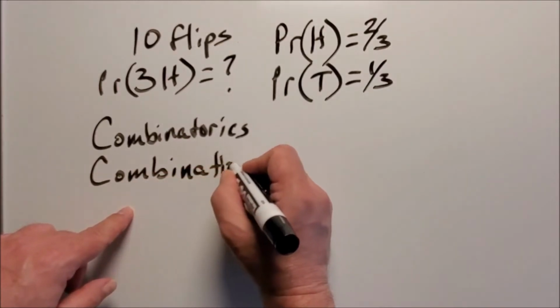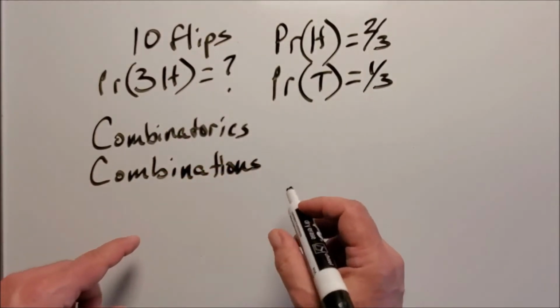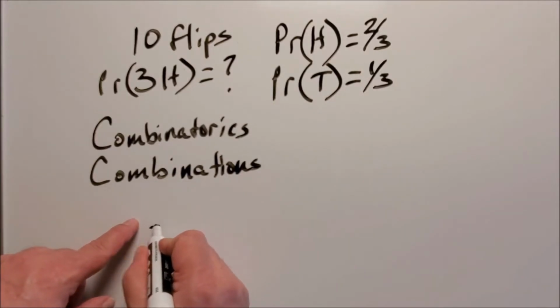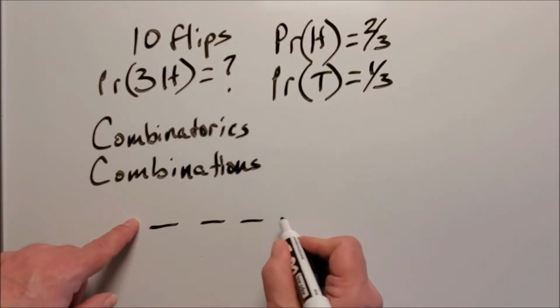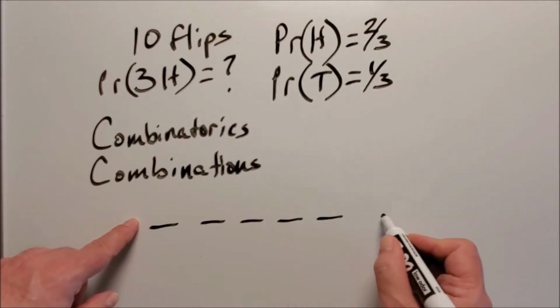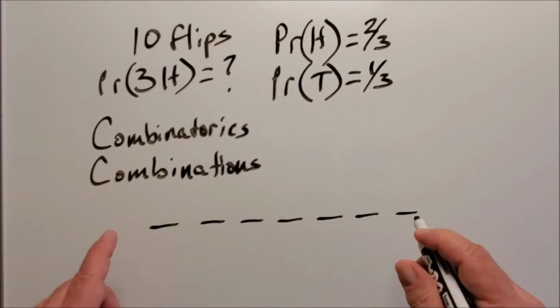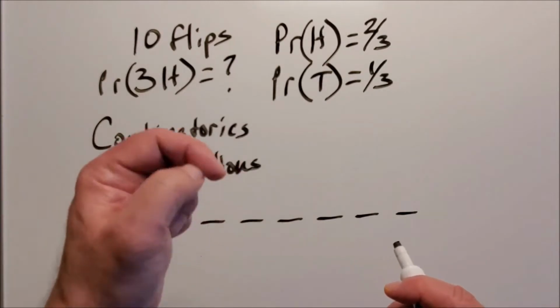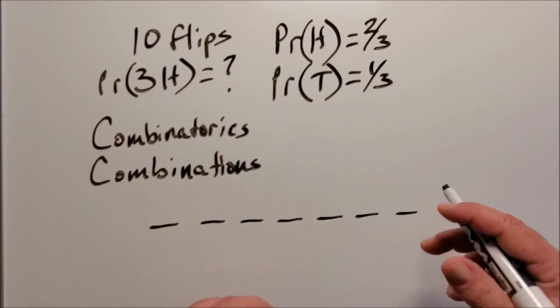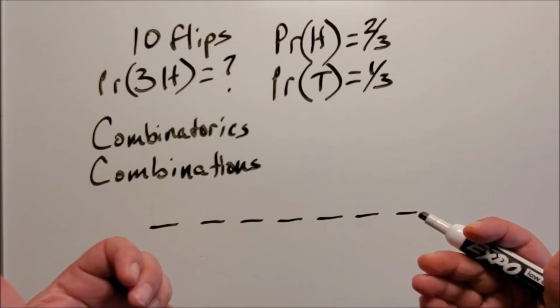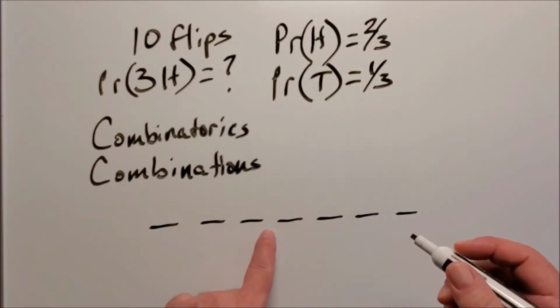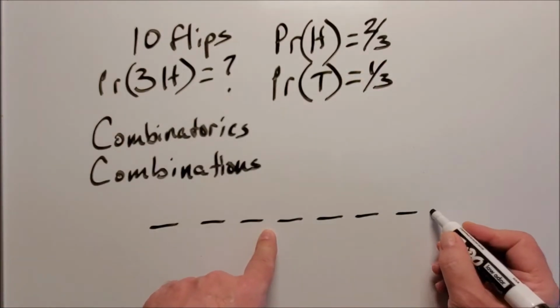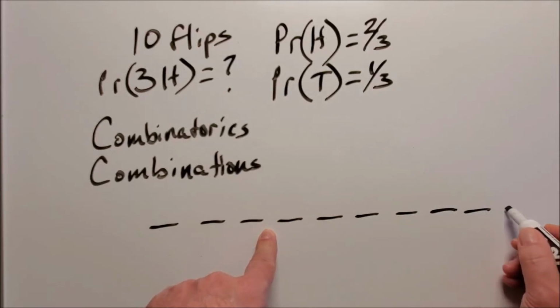Now, how does this work? We are going to utilize this math to answer the question, in how many different ways can we choose 3 locations within our sequence of 10 trials to sort of house our heads? So I have how many there? That's 7, 8, 9, 10.